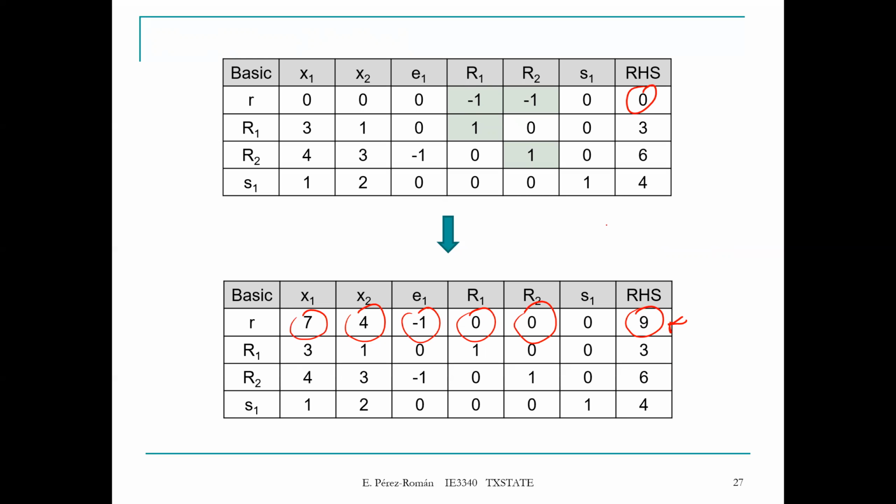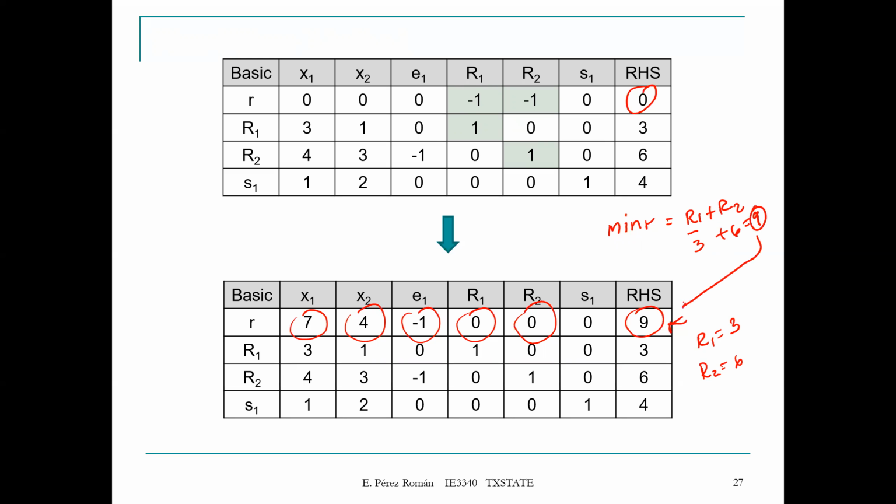And this is correct because, if you remember, the objective function for phase 1 is the minimization of R, which equals R1 plus R2. In this tableau, R1 equals 3 and R2 equals 6. So 3 plus 6 equals 9.